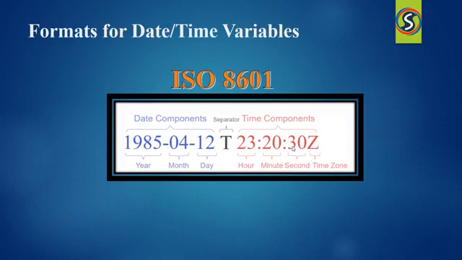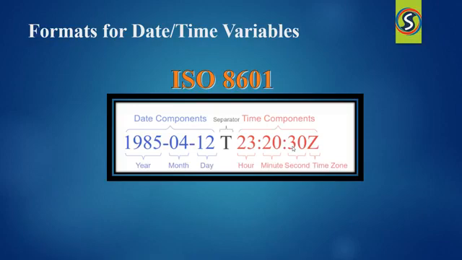And let's see other characters in this. We have hyphen, to separate the date elements like year from month and month from day, and to represent missing date components, and colon, to separate the time elements hour from minute and minute from second.